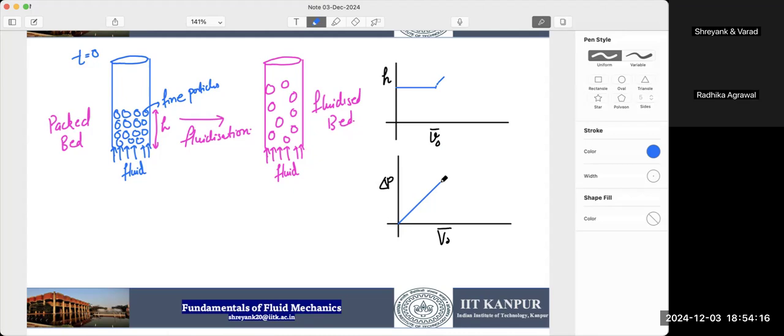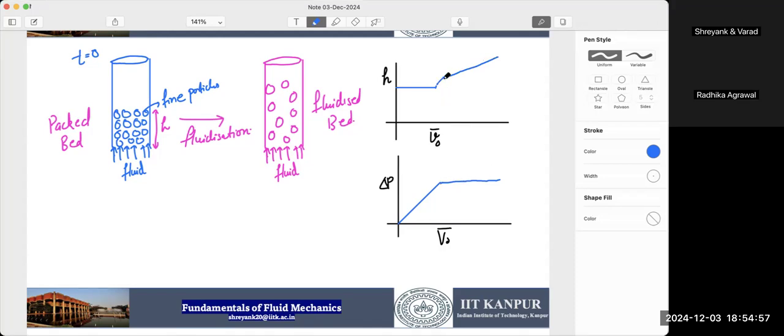Okay, so when you increase the velocity, this is also increasing, but this increase is comparatively lesser than this. So you will not see a significant change in the pressure drop after a certain V naught, and after this the height of the packed bed will increase as the pressure drop increases.